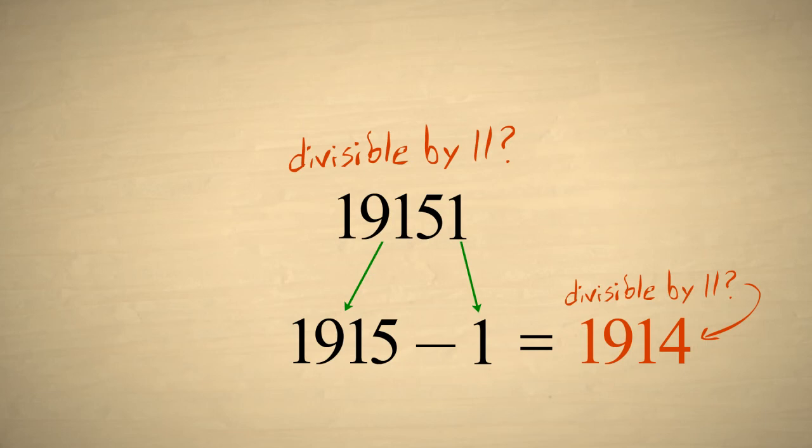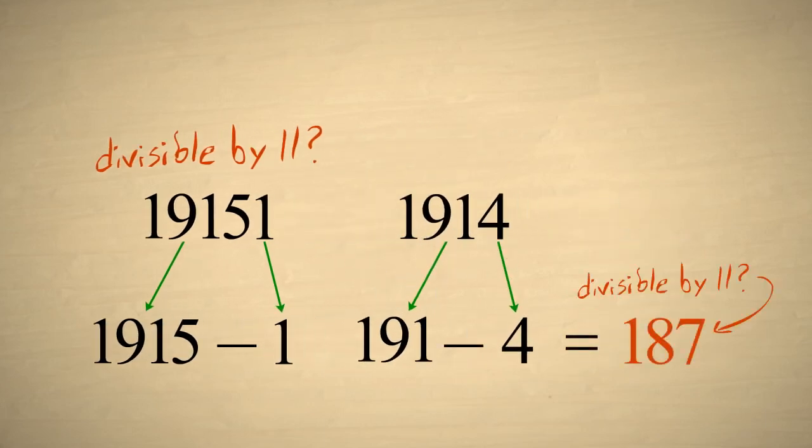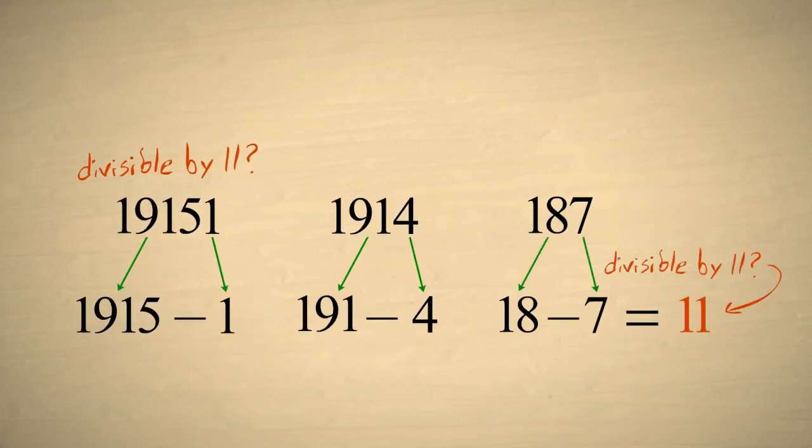If it is not obvious if the result is divisible by 11, then the process can be repeated with the number formed by the other digits. There are similar techniques for determining if a number is divisible by other primes, like 7, 13, 17, 19, and so on.